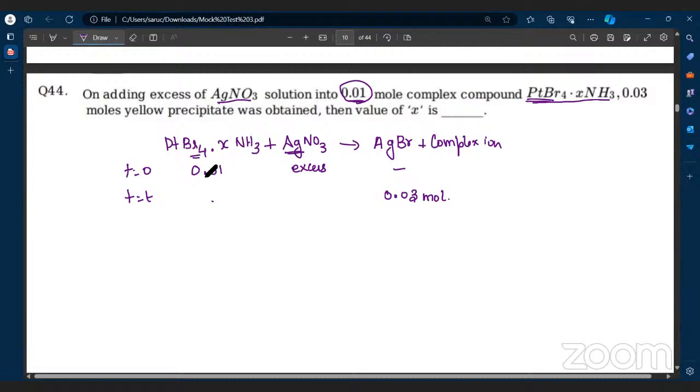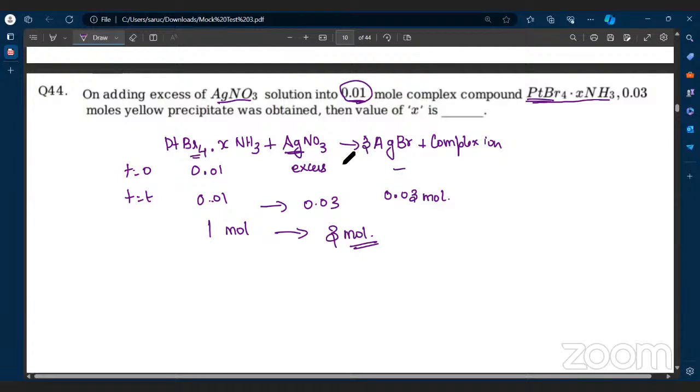So 0.01 produces 0.03, and 1 mole will produce 3 moles of AgBr. It means that 3 Br have been ionized and 1 Br is remaining in the complex.